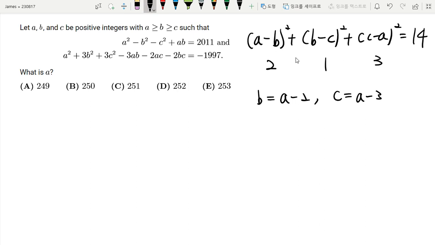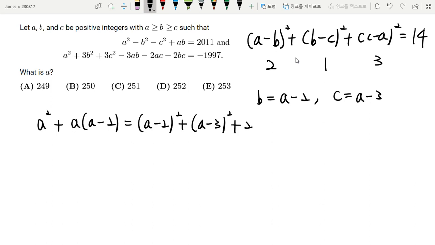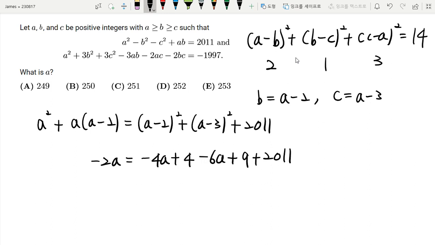So if we change B and C with this expression in the first equation, so if we open this parenthesis, yep.